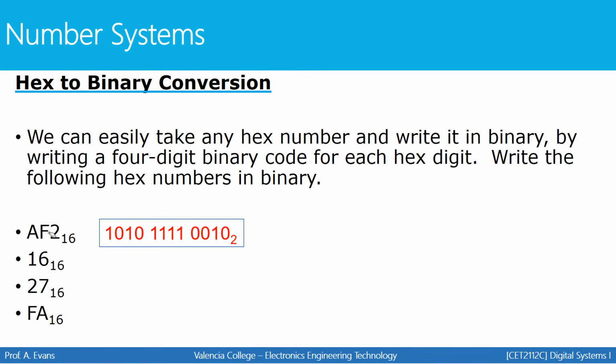So with the next number, we have 16 in hex. The 1 becomes a 0001. Remember, every hex digit we're going to write using exactly 4 binary digits. And then the number 6 is 0110.